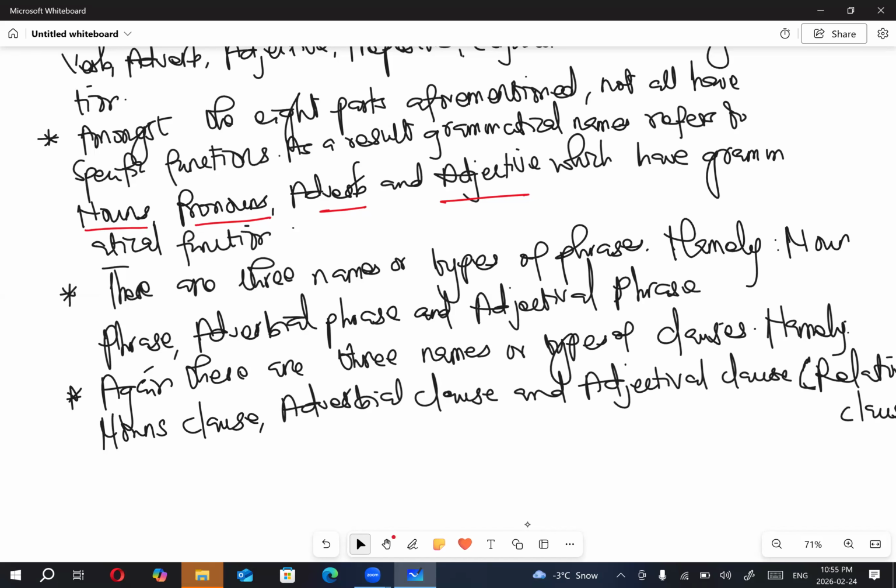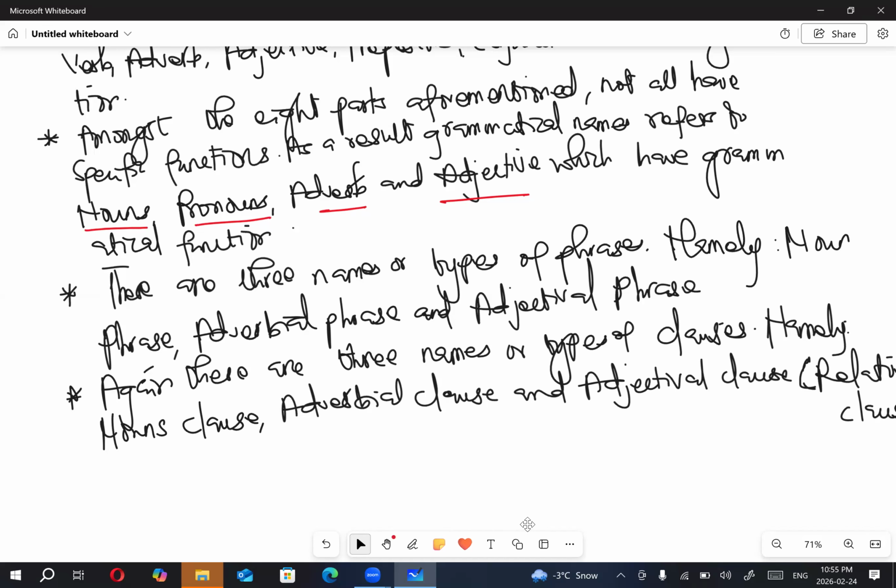What we need to see is noun, pronoun, adverb, and adjective. If it is a phrase, we expect to see noun phrase, adverbial phrase, and adjectival phrase. If it is a clause, we expect to see noun clause, adverbial clause, or adjectival clause, right? So this is what grammatical names are all about.